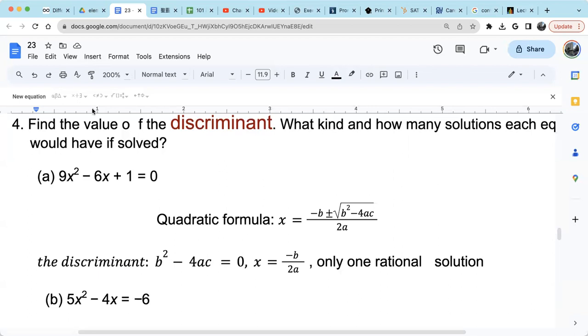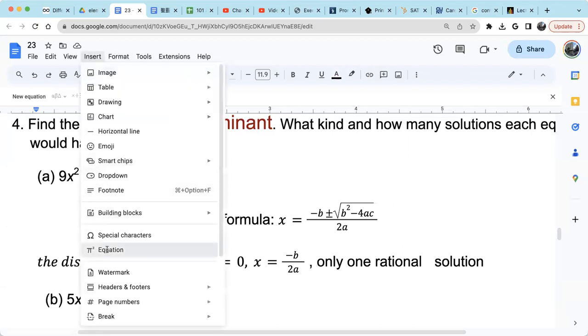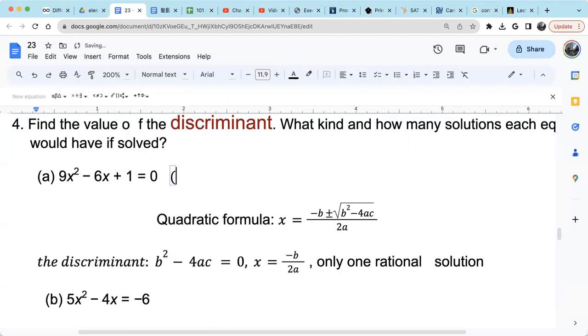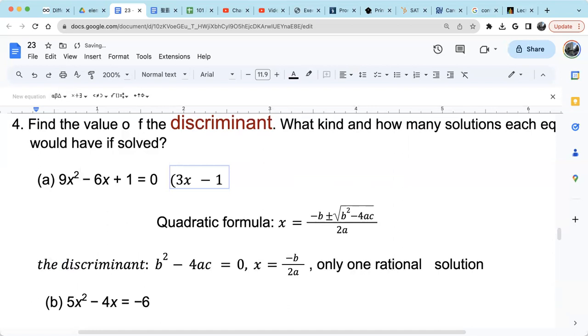Do you see how we factor this one? This can be factored as 3x minus 1 squared equals 0. 9x squared is 3x squared. Then that means 3x minus 1 equals 0, so 3x equals 1. That means x equals 1 over 3. Only one solution.